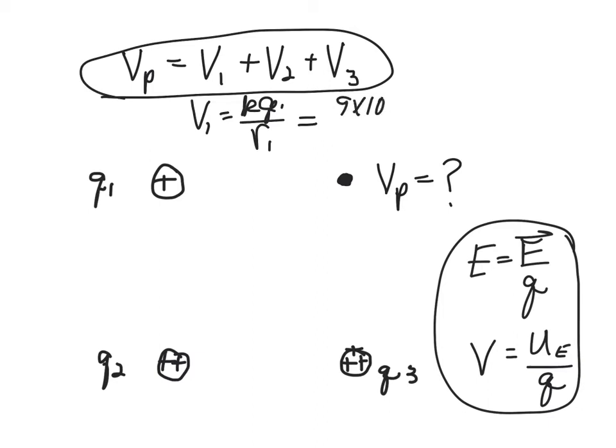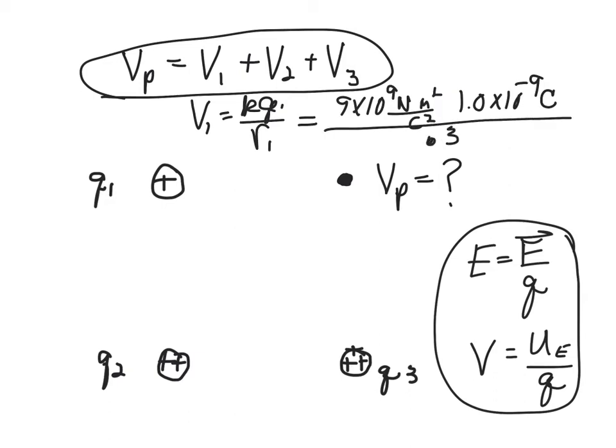9 times 10 to the 9th Newton meters squared per Coulomb squared. What's Q? 1 nanocoulomb. 1 times 10 to the minus 9 coulombs, and then we're going to divide it by R, has to be in meters. 0.3 meters, not squared.